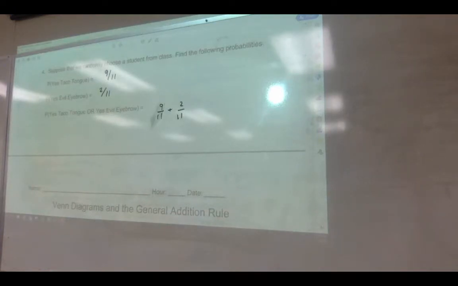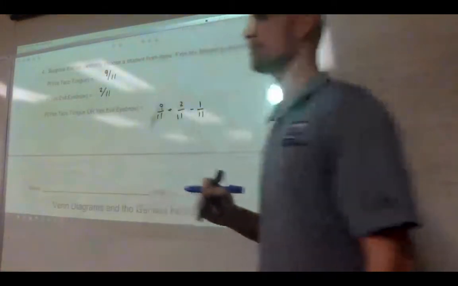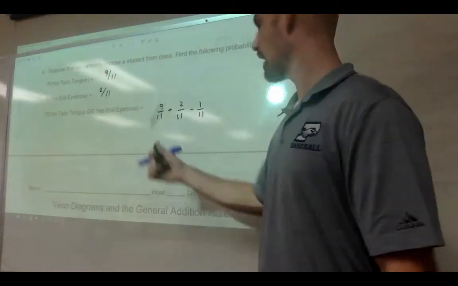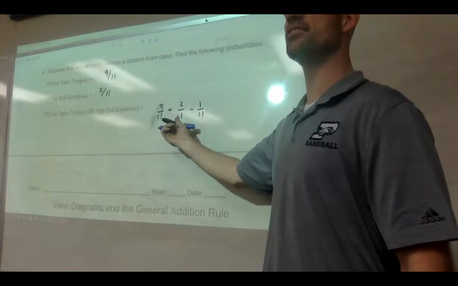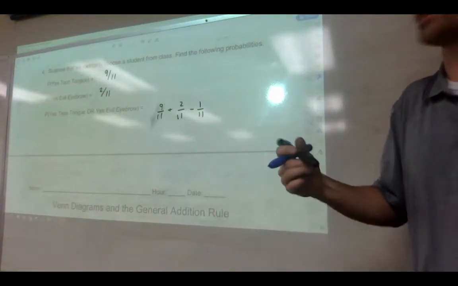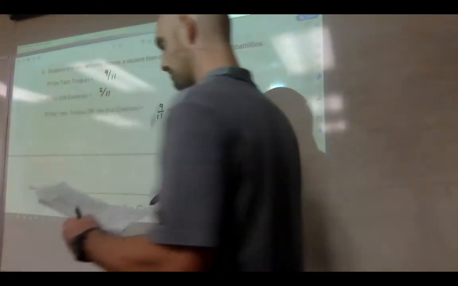The repetition. Where does the repetition come from? It's me. You've got to take one back, because I've been counted twice. I was counted in yes, taco tongue, and also in yes, evil eyebrow. So I've got to take back the shared. And so this would be 10 out of 11.